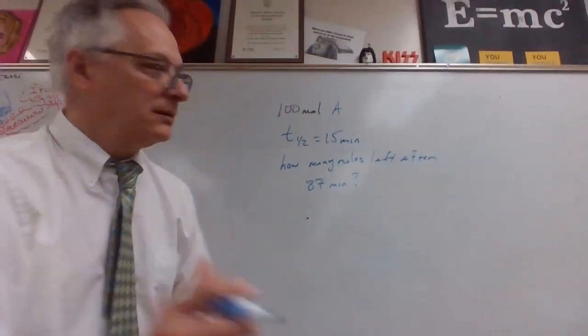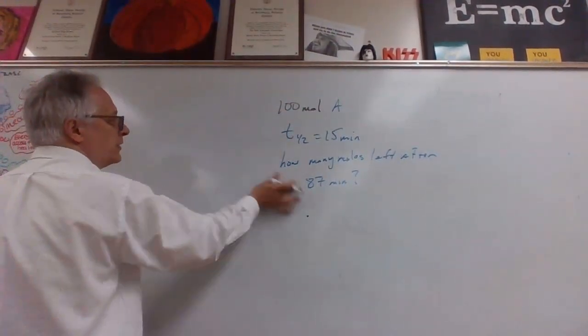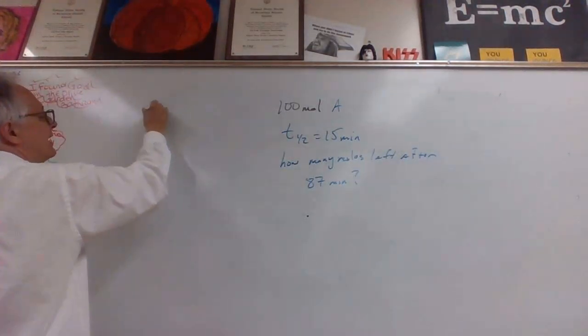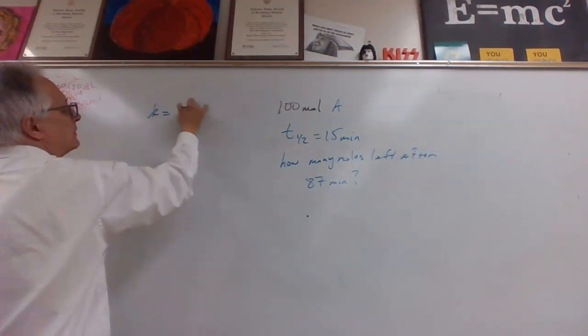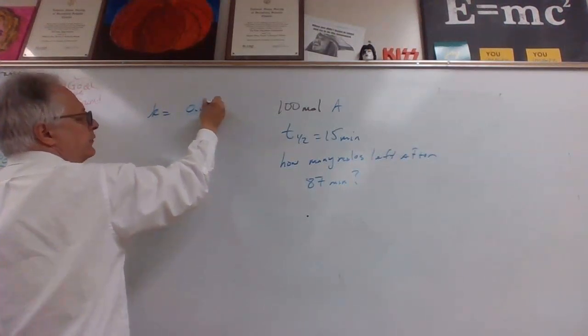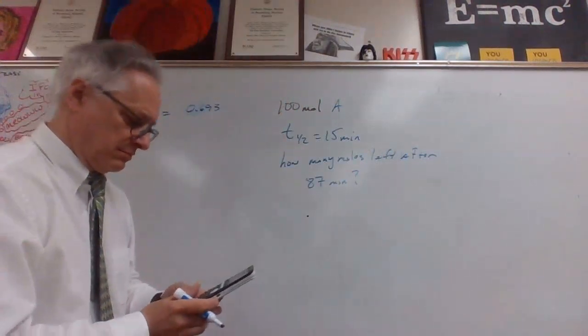Either way is fine. The first thing is, let's solve for the rate constant, so then we can use our exponential equation. The rate constant, k, is equal to the natural log of 2, which is 0.693. What is the natural log of 2? 0.693, right?